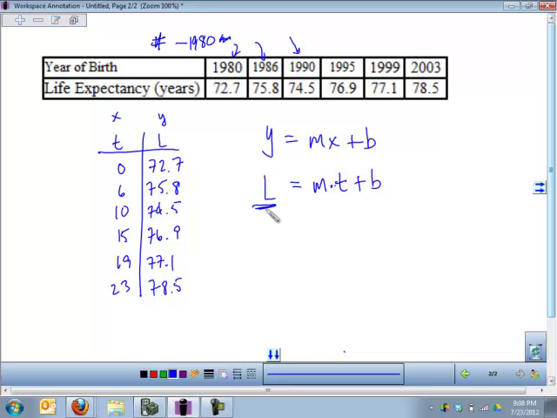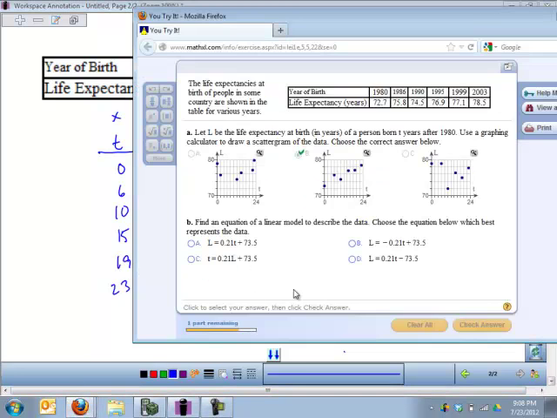So your L is what we would call our dependent variable, and your t is called your independent variable. So in terms of scratching out choices, I can see that choice number C is out of the question already. So I'm not going to select C.